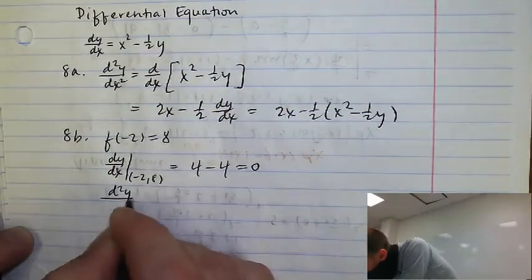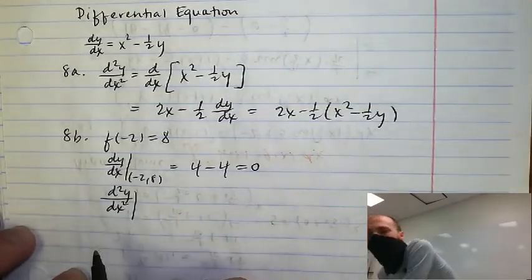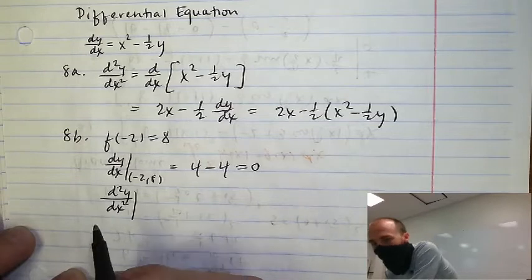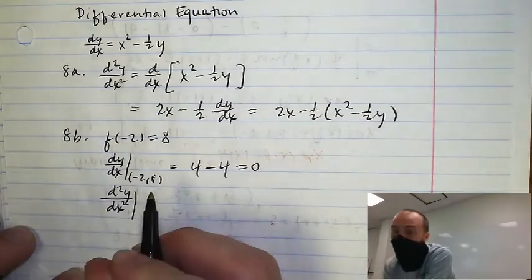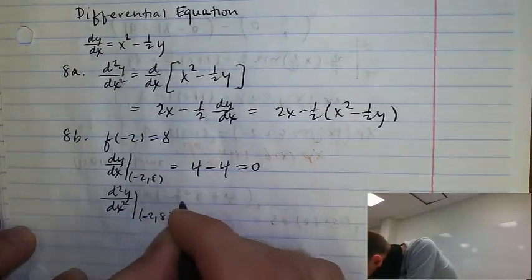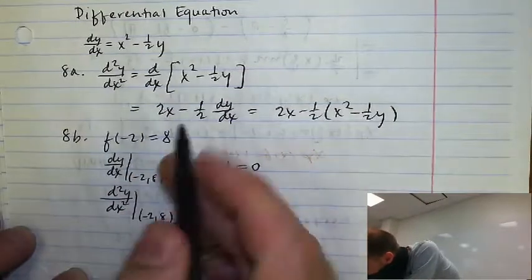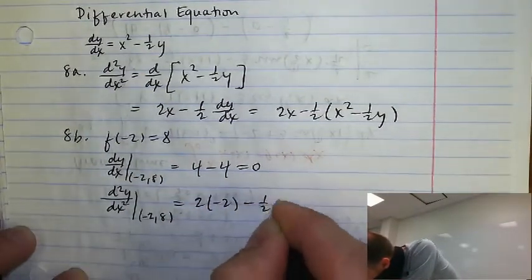In fact, I know it's going to be one or the other because all we can do here is the second derivative test. And I know that they wouldn't ask it to you in a situation where you had to be like, oh, the second derivative test was inconclusive. I don't know what to say. They wouldn't do that, right? So at negative 2, 8, the second derivative, I'm going to actually use this formula, right? That's 2x minus half of dy dx.